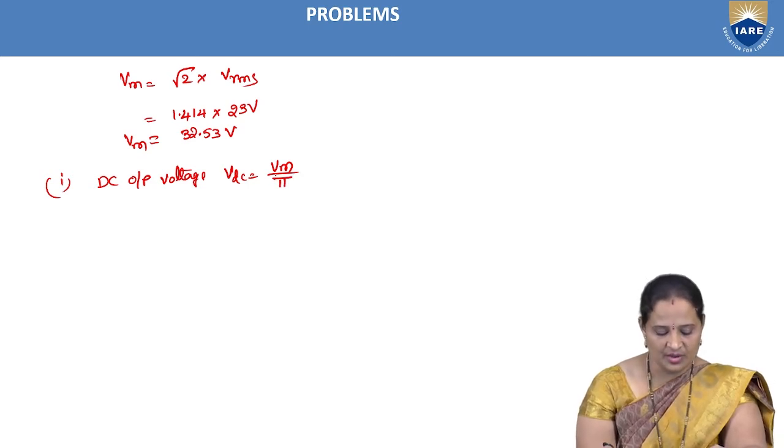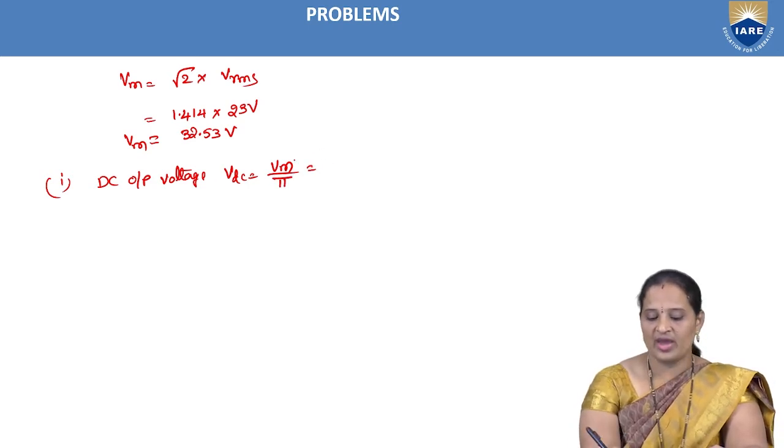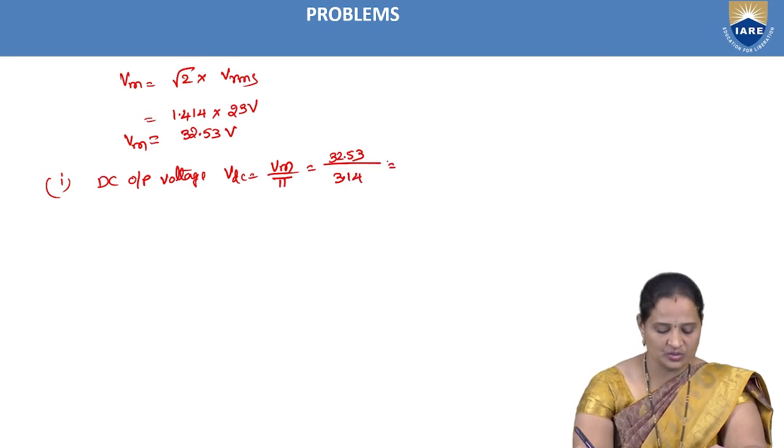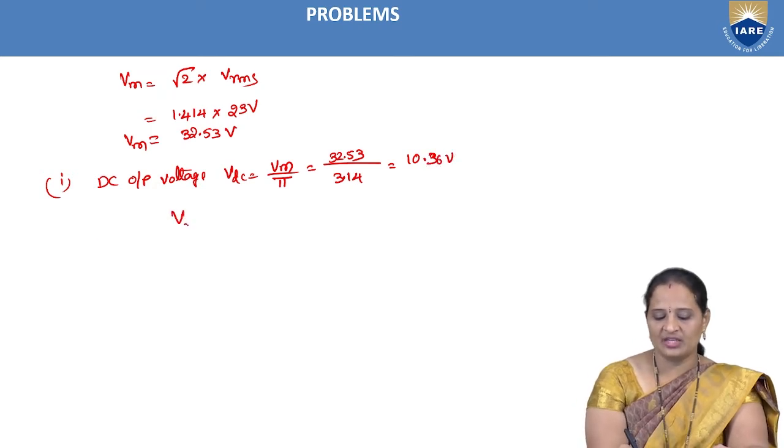Here Vm is 32.53 divided by pi, which is 3.14, and we can obtain the value as 10.36 volts. So the VDC value is 10.36 volts.